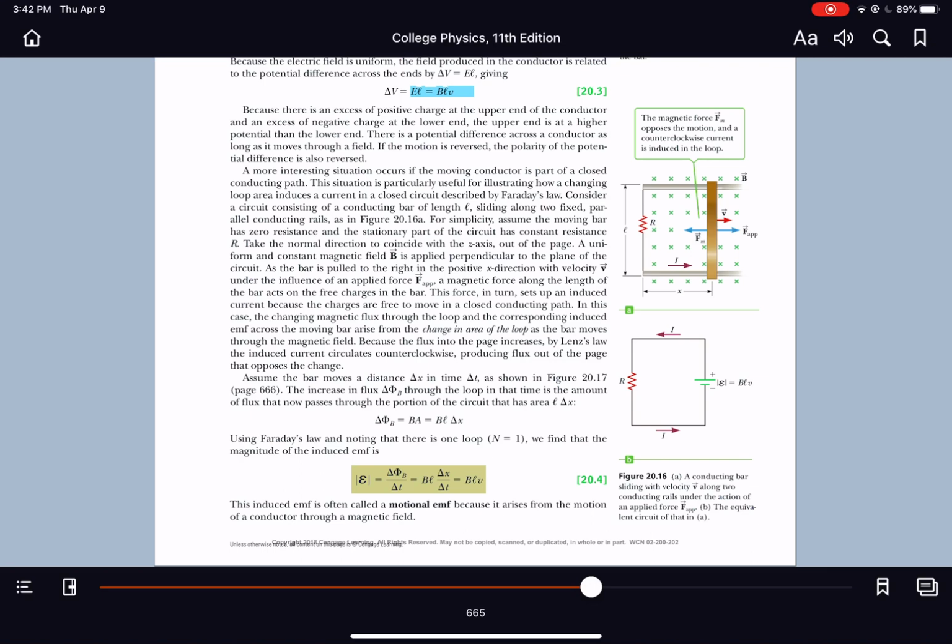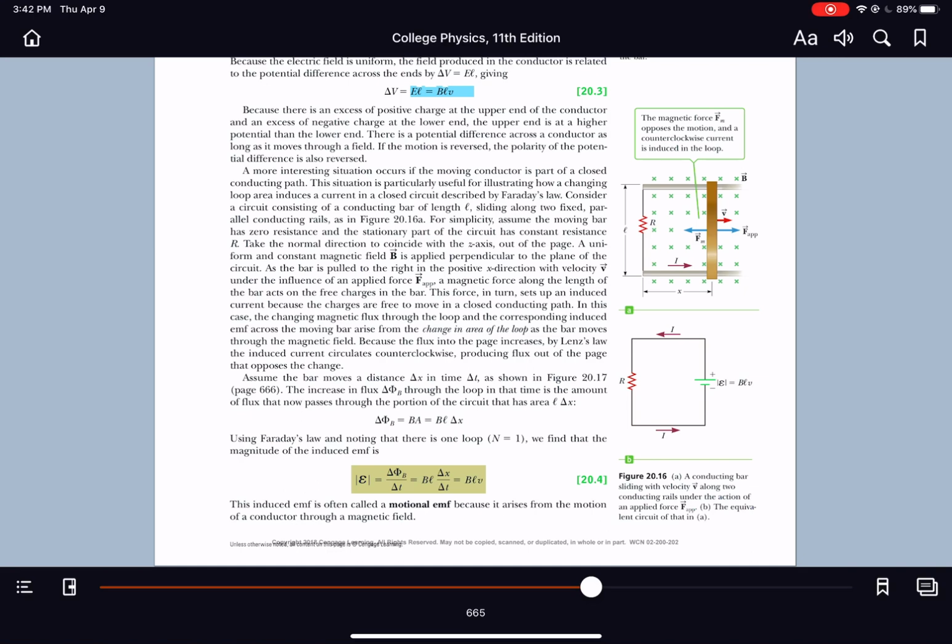Imagine we have another metal bar pictured in brown that is making physical contact with the two gray rails. Imagine we have a resistor, just so work is going to be done and we don't have a short circuit, represented by the red zigzag line on the left. And notice that the magnetic field again is going which direction? Into the page.